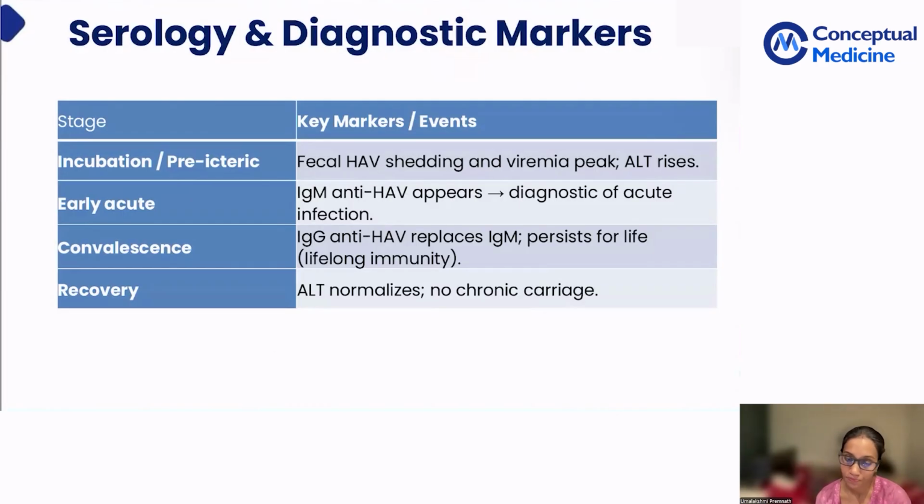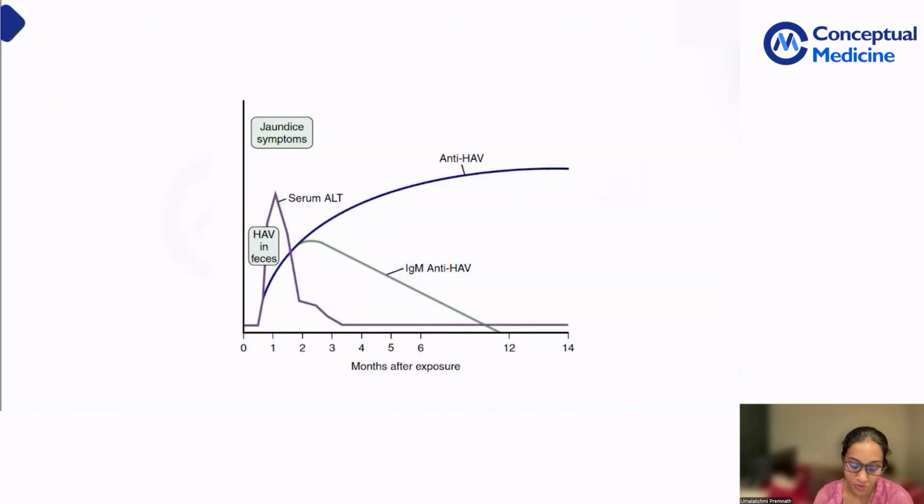ALT rises after that during the early acute phase, which is usually diagnostic of infection. At that time IgM anti-HAV is positive, which is diagnostic of acute infection. IgG replaces this and stays positive, giving lifelong immunity. In recovery, ALT normalizes and there is no carrier state. This is usually within 15 months after exposure.